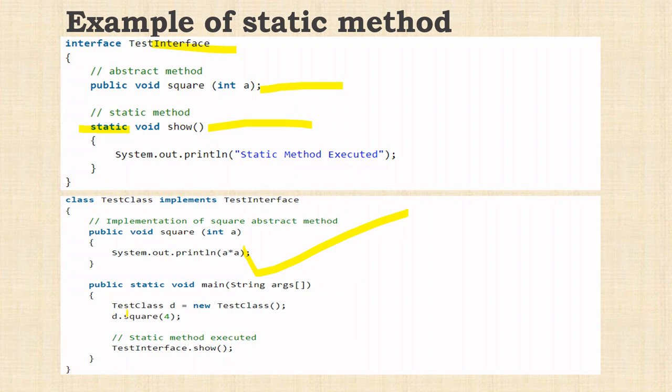We are calling t.square, and for calling our static method inside the test interface, there is no need to call with the help of d, which is the object of the test class. Directly you can call with the help of the test interface dot so. With the interface name and dot method name, you can call the static method. So I think you understood. The output will be 16 and static method executed.